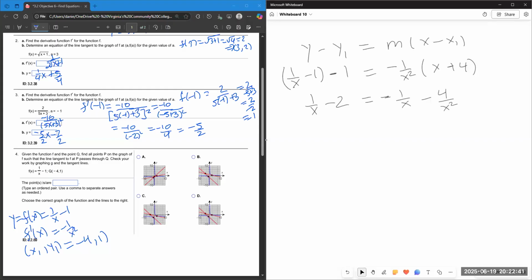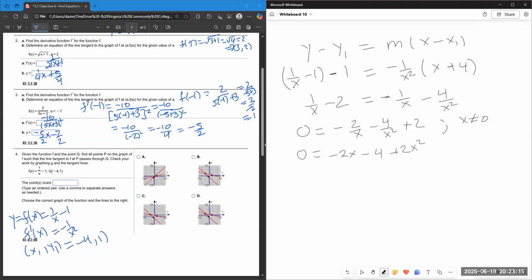Let's move everything to the right-hand side. 0 is equal to negative 2 over x minus 4 over x squared plus 2. Let's multiply everything by x squared because we know x can't be equal to 0. So I can multiply by that non-zero number x squared on both sides. 0 is equal to negative 2x minus 4 plus 2x squared.